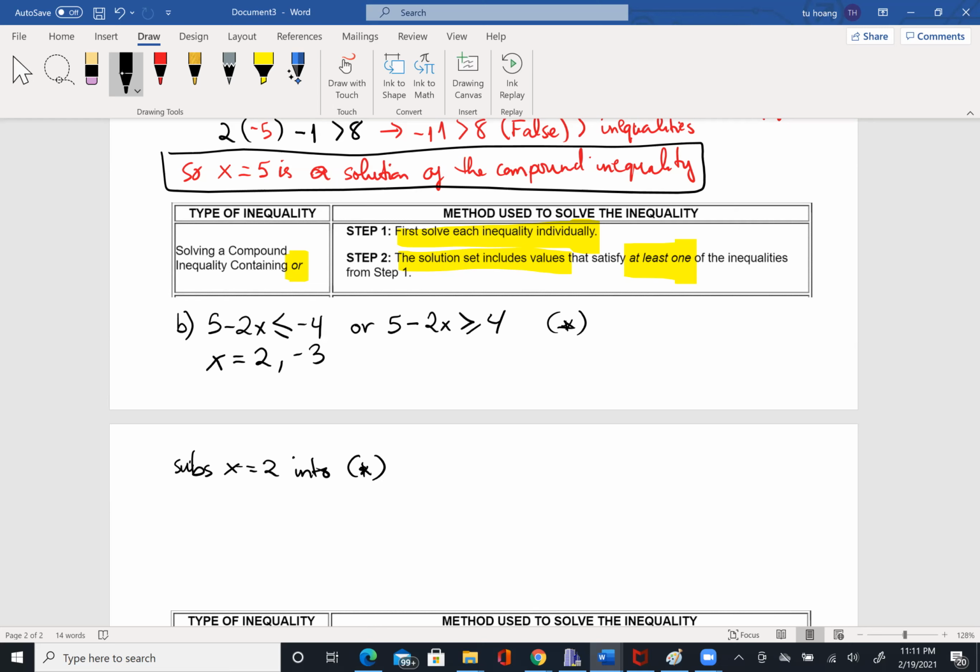We have 5 minus 2 times 2 less than or equal to -4. If you simplify this, you will get 5 minus 4 is 1, and 1 less than or equal to -4 is not true. It is a false statement.